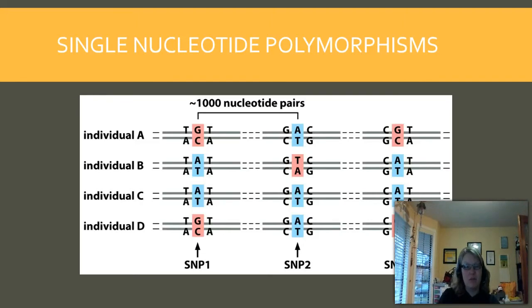So it's a tool that allows us to look for these larger, more complicated diseases. But single mutations can also help us find really easy genetic diseases where a single mutation causes the disease. So that's another aspect of single nucleotide polymorphisms.